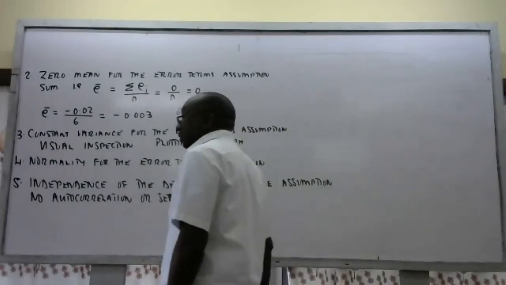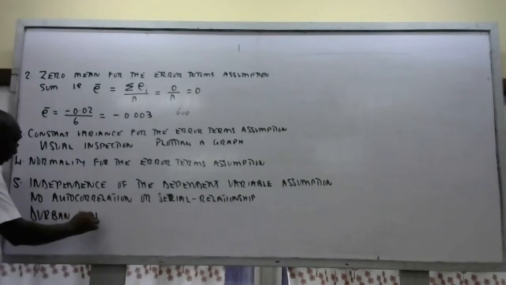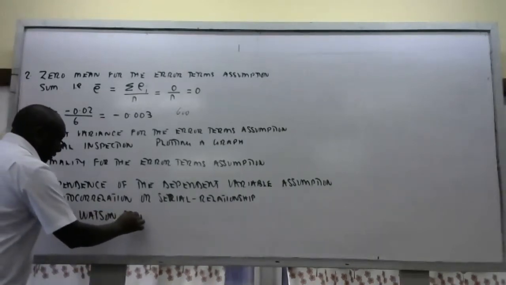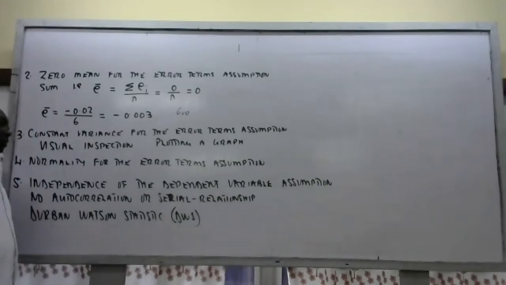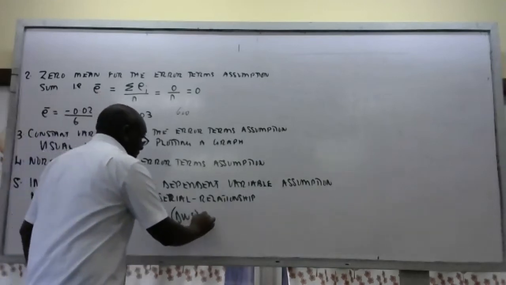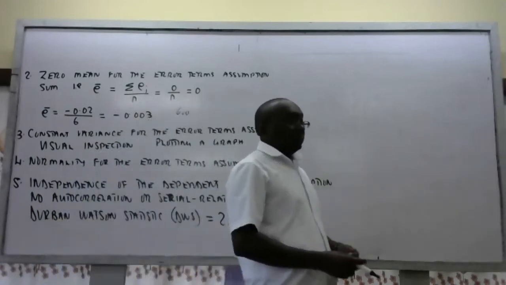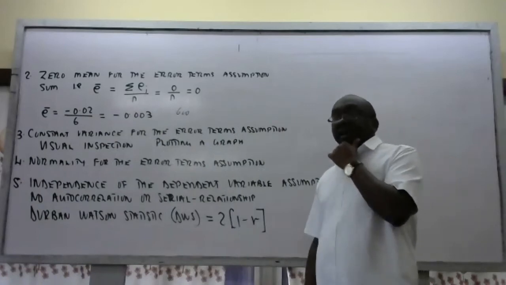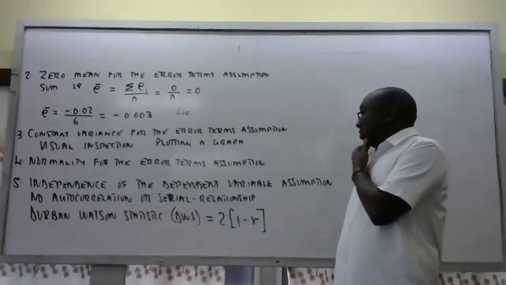First of all, it is tested using the Durbin-Watson statistic, DWS, which equals 1 minus R.